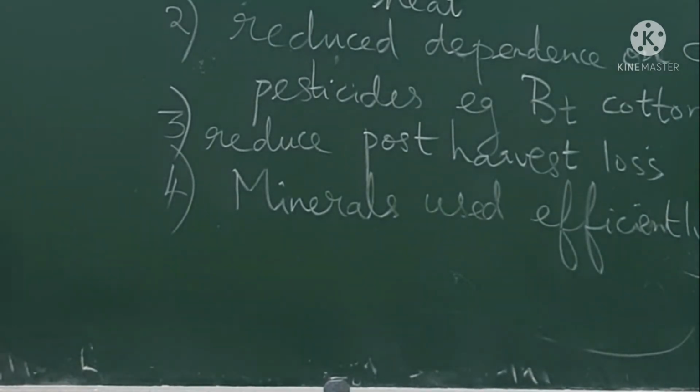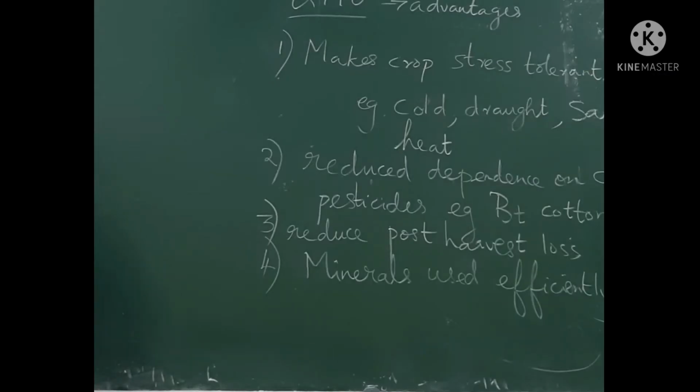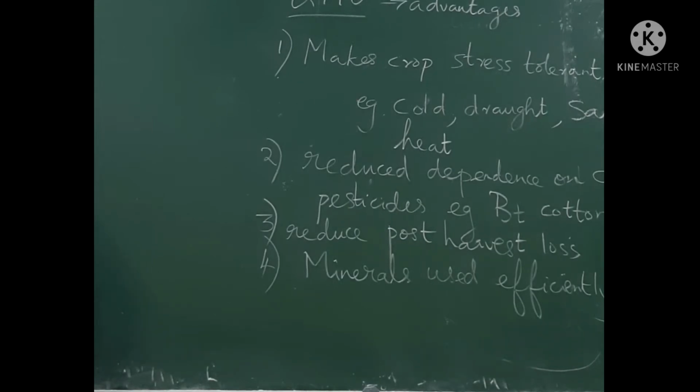They have injected some genes which can use the minerals properly from the soil. Usually when we put chemical fertilizer, plants have a limit to take it. Sometimes they will not absorb all the fertilizers properly. At last it will rain and these fertilizers will leak into the surrounding water bodies, causing water pollution. So instead of applying the chemical fertilizer, if you genetically modify the plant, they will be able to use minerals properly from the soil. So there will be no wastage.